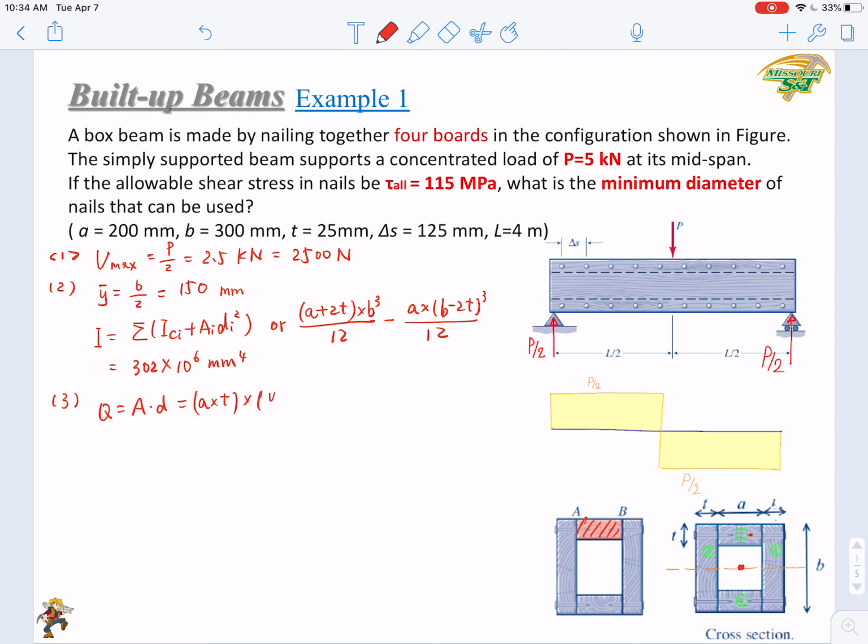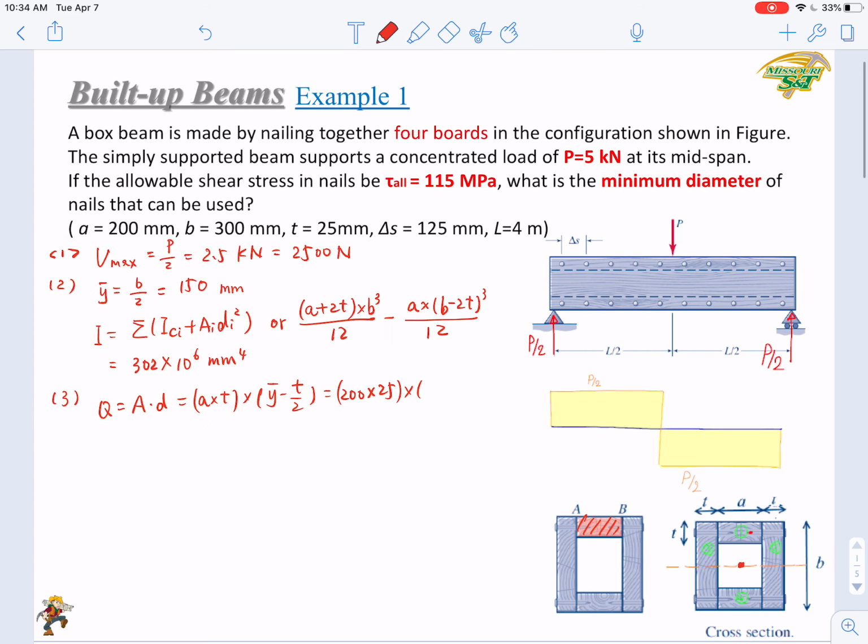The D will be Y bar minus half T. Right, you get 200 times 25 times Y bar, which is 150 minus 25 over 2. Okay, you get 687,500.